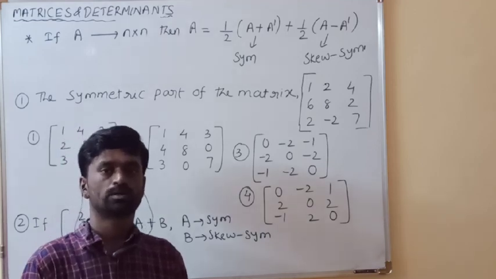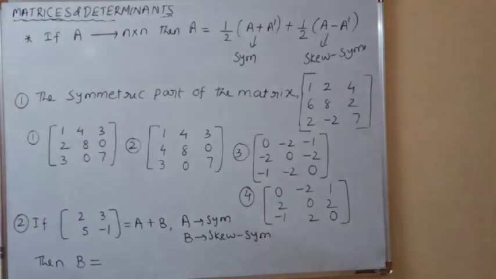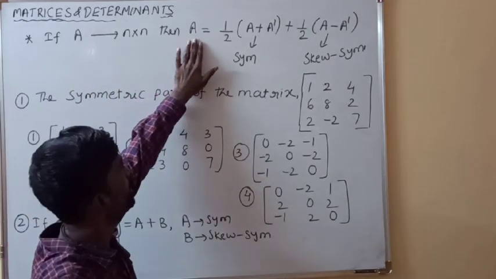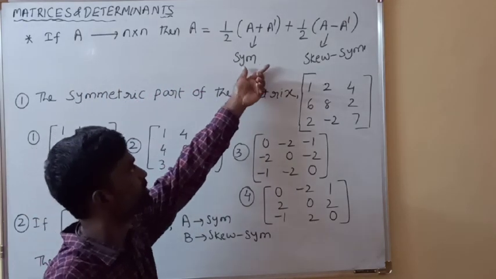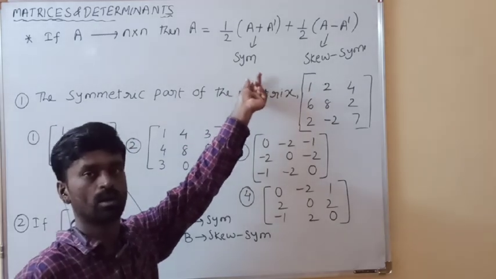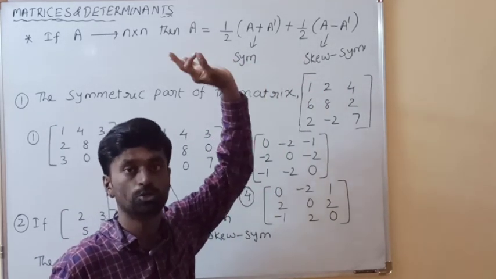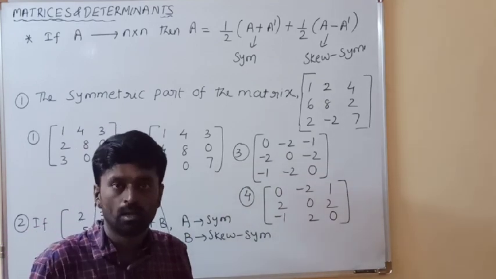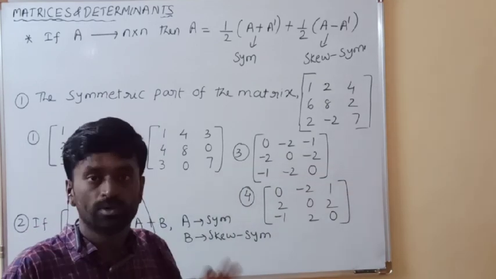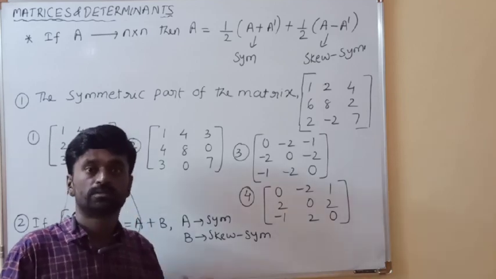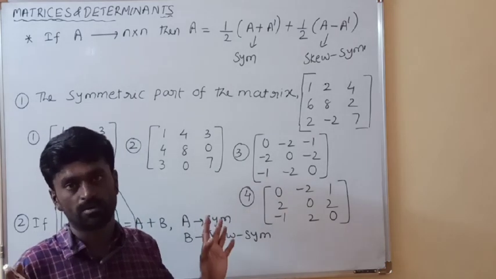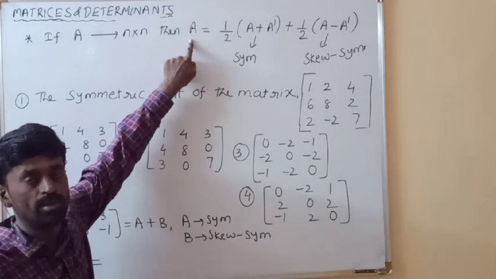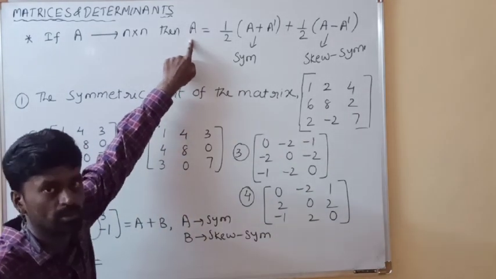Look at the next set of problems. If A is a square matrix of order n by n, then the square matrix A can be expressed uniquely as a sum of a symmetric and a skew symmetric matrix. Correct? So if the given matrix is A, what is the symmetric part of A?